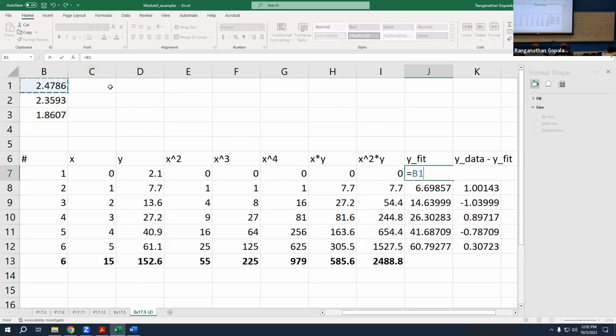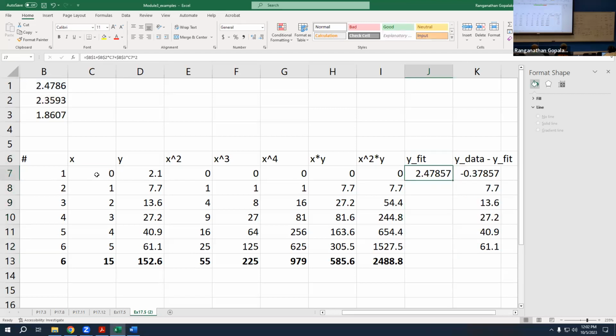B1 press F4, plus B2 press F4 multiplied by X, which is C7, plus B3 press F4 multiplied by X squared, which is C7 squared. That's A2 times X squared, correct. Then you drag the calculation down to the next few rows.